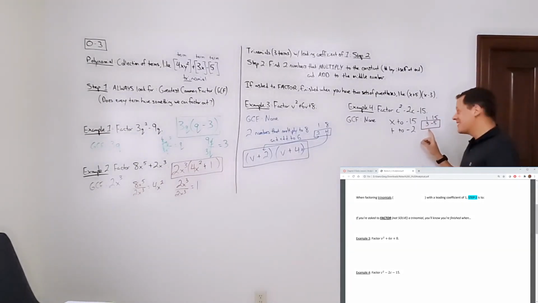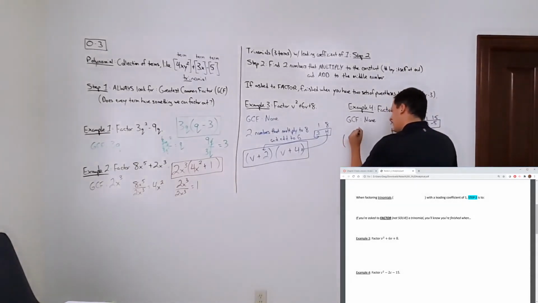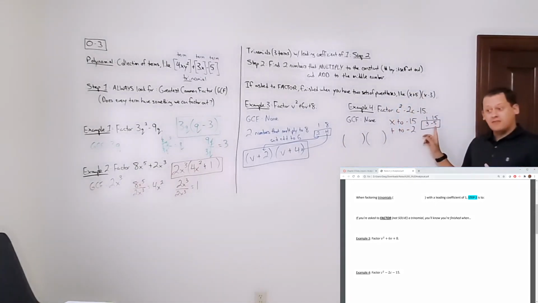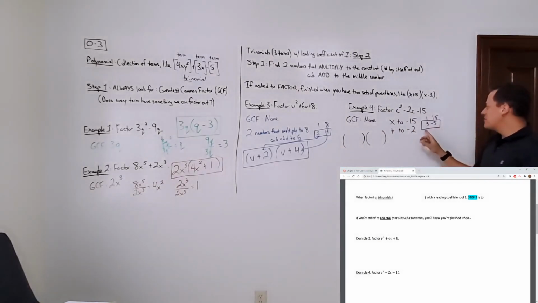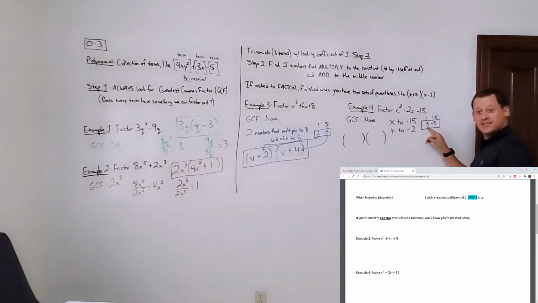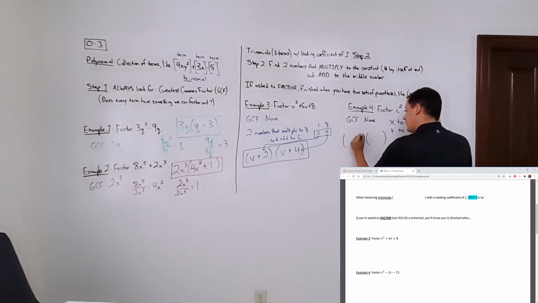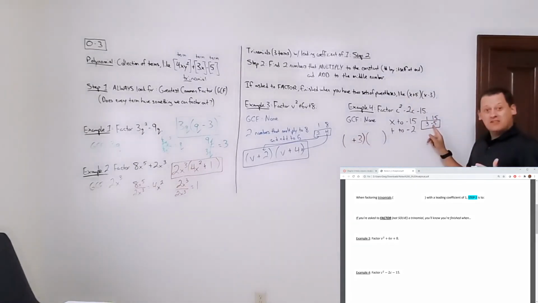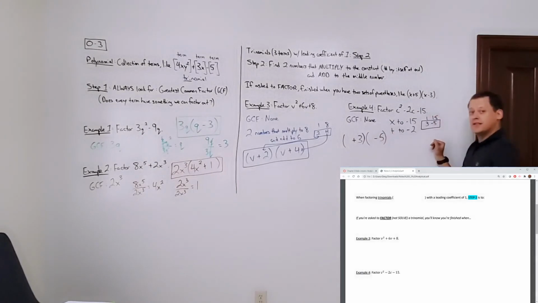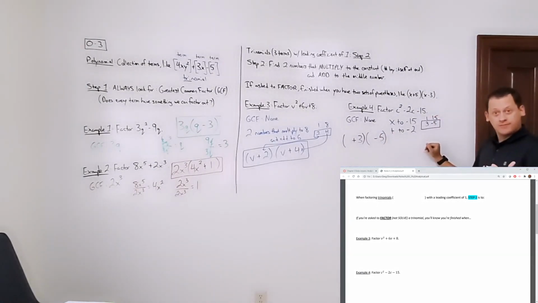We're so close. We can now write our parentheses here. The two numbers we have go in the back of our parentheses. We have a positive 3 and a negative 5. So since this is negative, we'll put minus 5. Those are our two numbers.